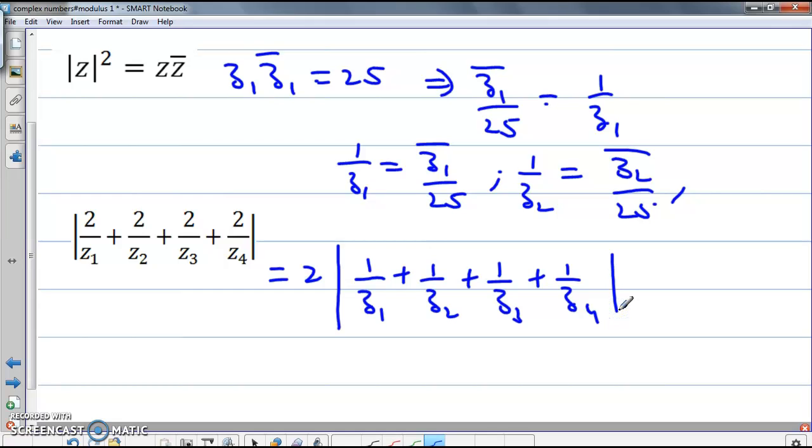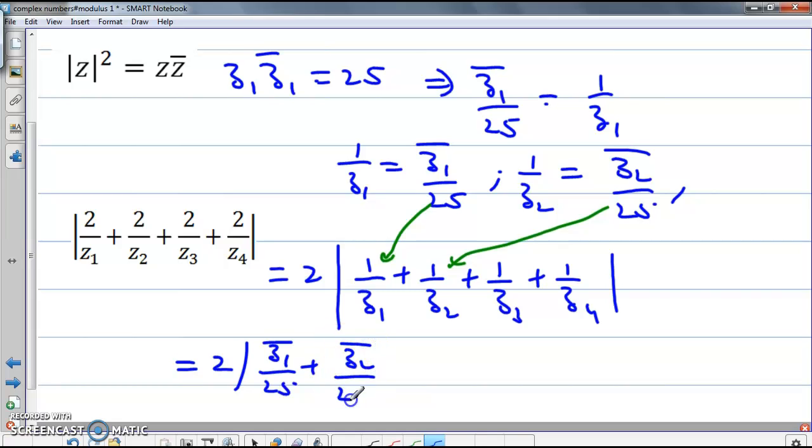Now 1 upon z1 is z1 conjugate upon 25, 1 upon z2 is z2 conjugate upon 25, and so on. So we can write it as 2 times z1 conjugate upon 25 plus z2 conjugate upon 25 plus z3 conjugate upon 25 plus z4 conjugate upon 25 in modulus.